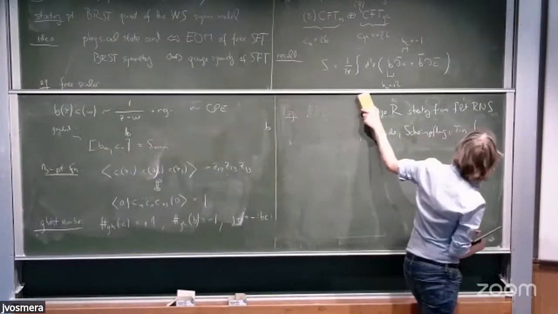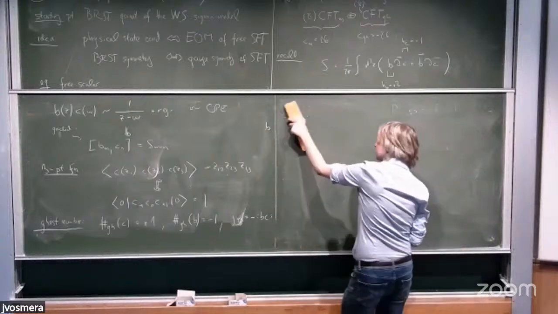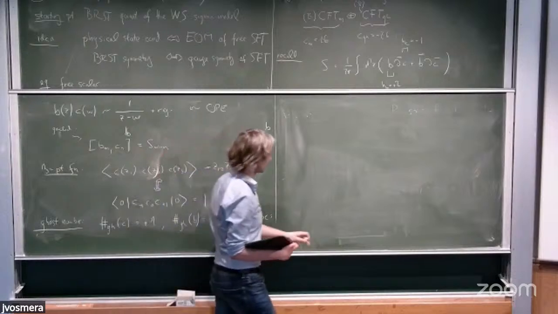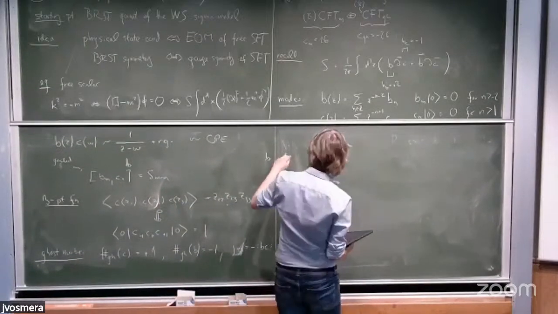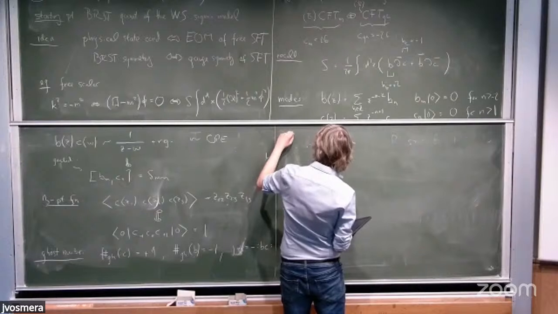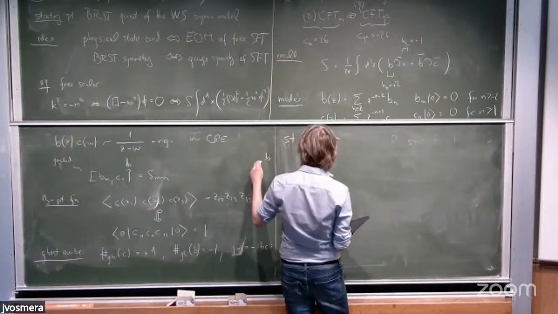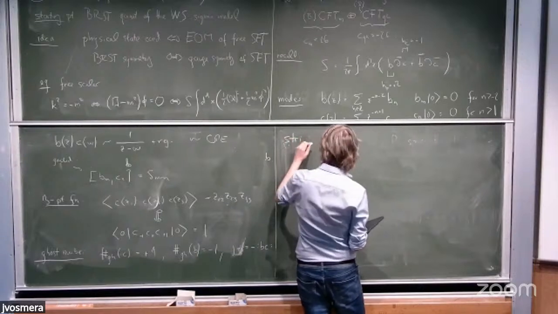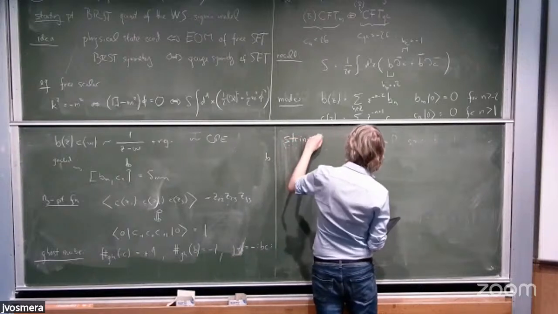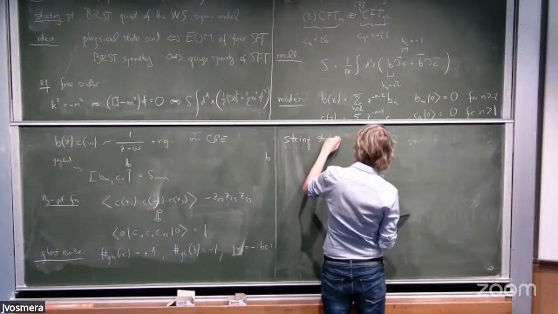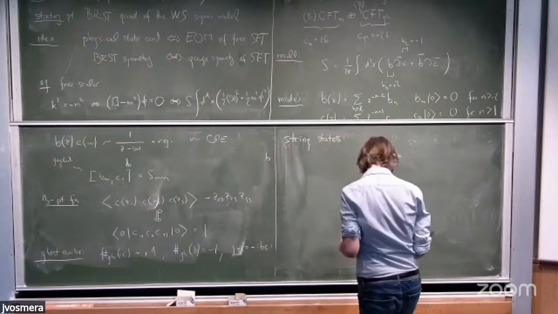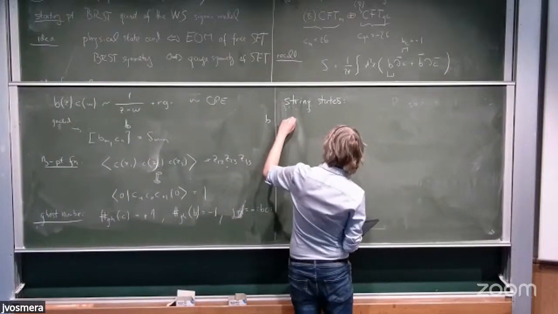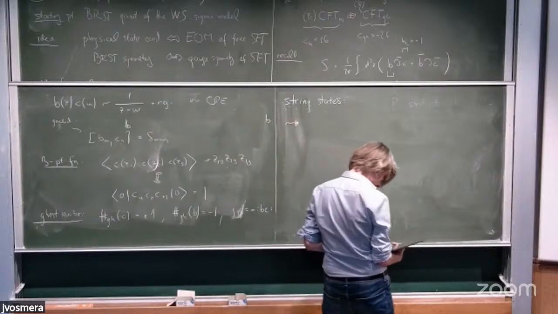So then given these facts about the BC ghost CFT, we can write down some representatives of typical states in this combined matter ghost BCFT. So these are the typical string states. So now let me separately go through the open string Hilbert space and the closed string Hilbert space.